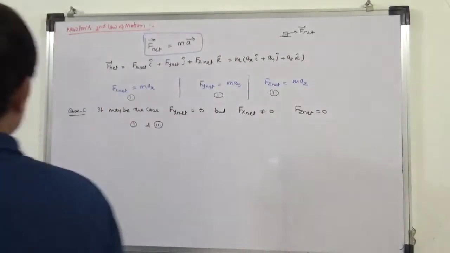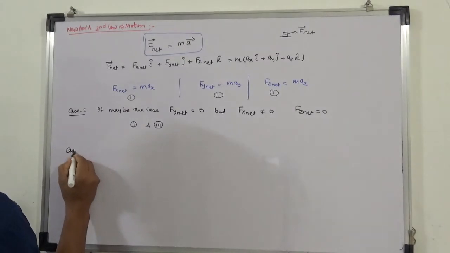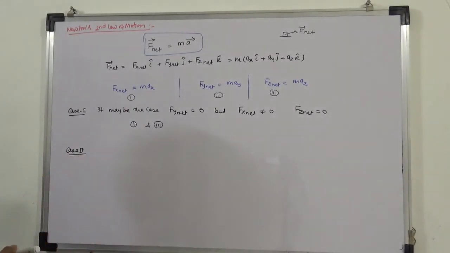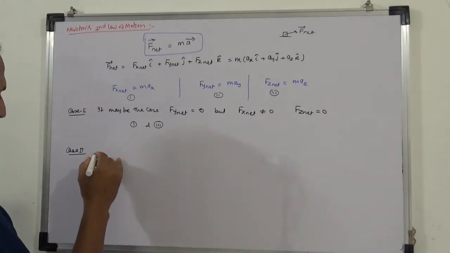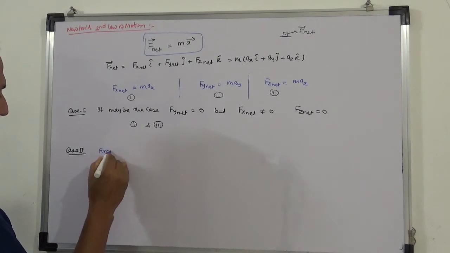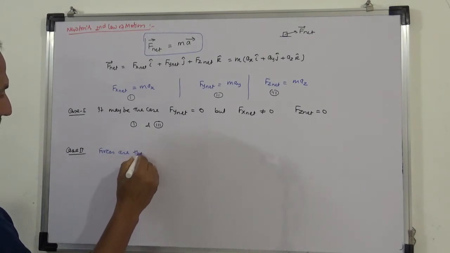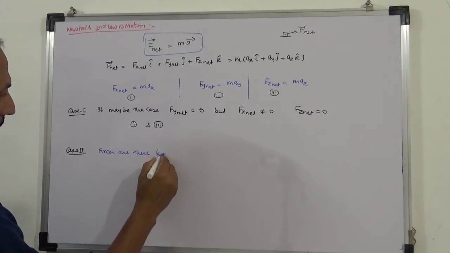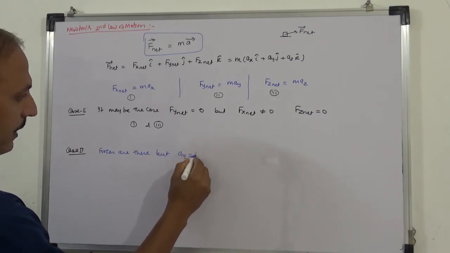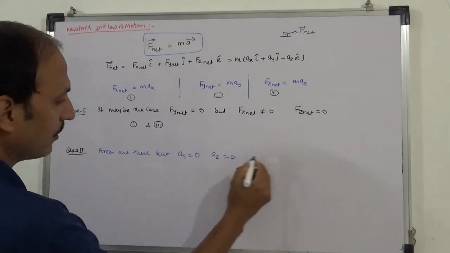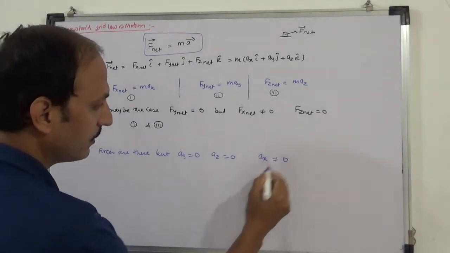Case 2 can be like this. Case 2: forces are there, but acceleration along y is 0, acceleration along z is 0, but acceleration along x is not 0.